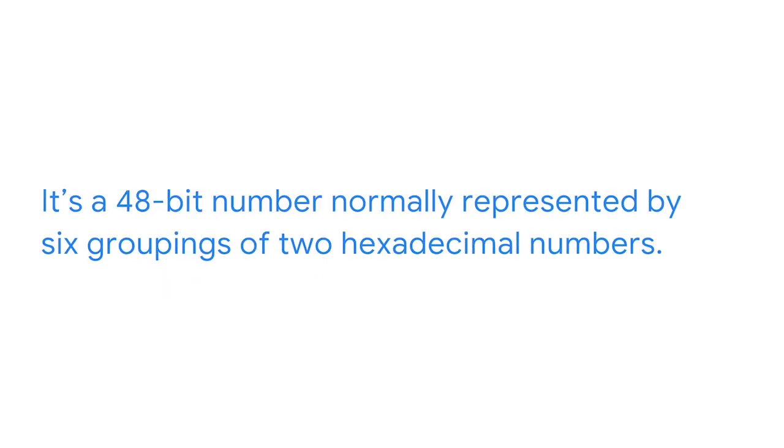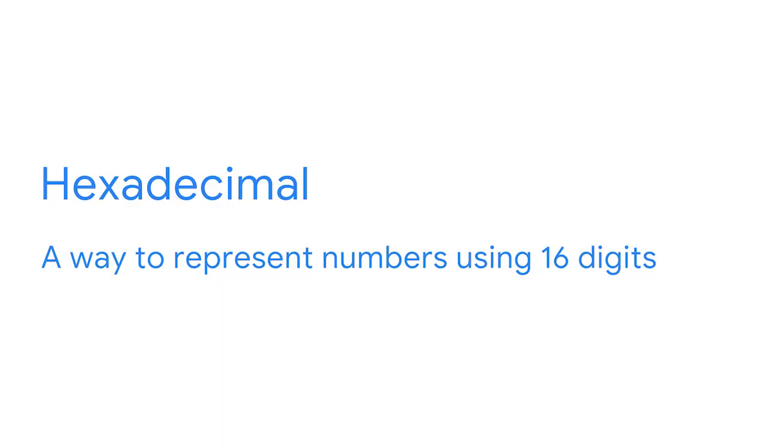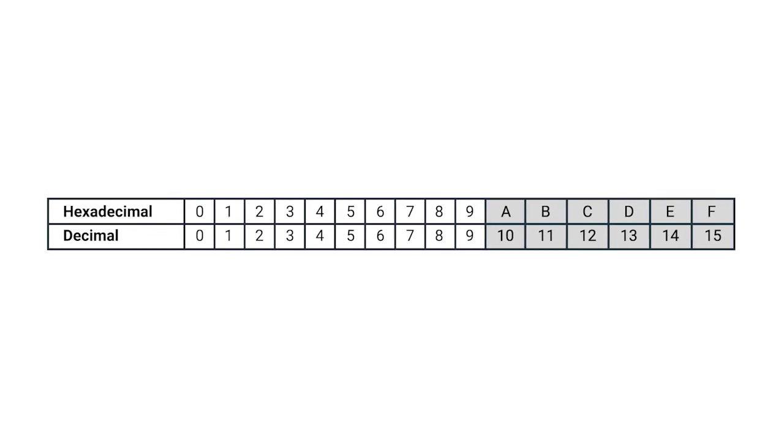It's a 48-bit number normally represented by 6 groupings of 2 hexadecimal numbers. Just like how binary is a way to represent numbers with only 2 digits, hexadecimal is a way to represent numbers using 16 digits. Since we don't have numerals to represent any individual digit larger than 9, hexadecimal numbers employ the letters A, B, C, D, E, and F to represent the numbers 10, 11, 12, 13, 14, and 15.